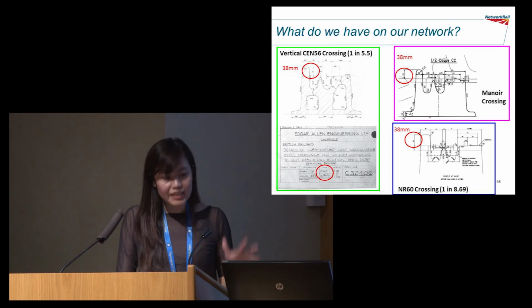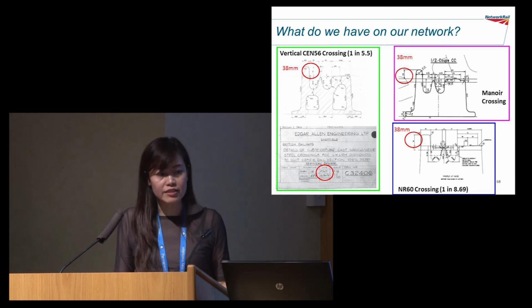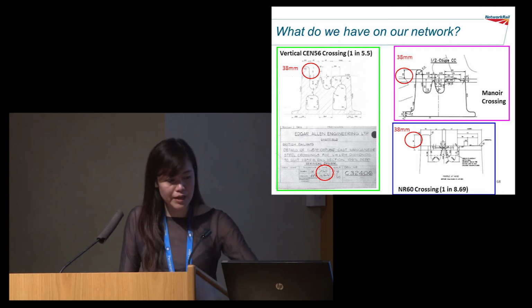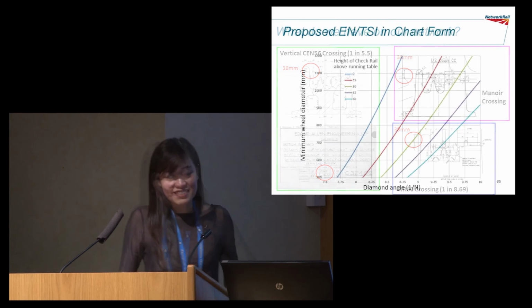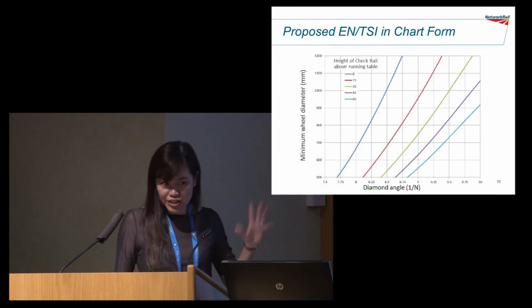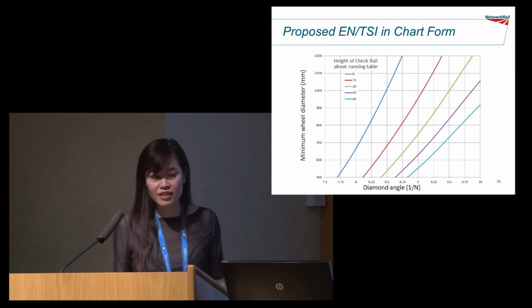Okay. So what do we have on our network? 38 mm? Yes, our standard says the maximum height on our check rail is 38 mm. So these drawings show that most of them are 38 mm. So the EN TSI standard, the equations, if we plot it in terms of charts, this is what it looks like.